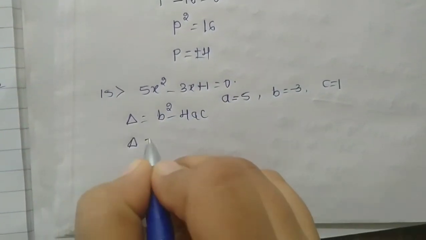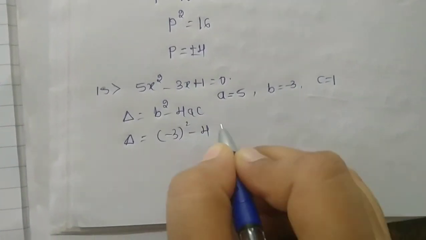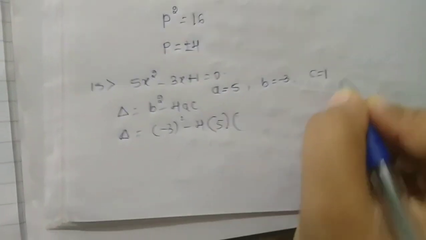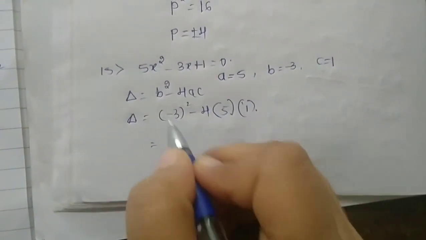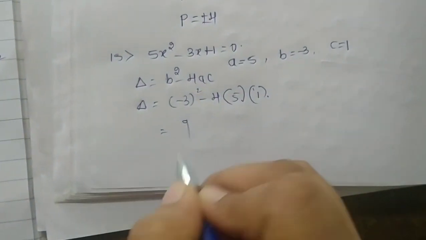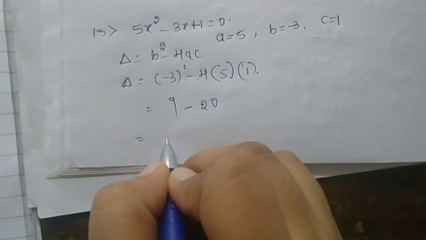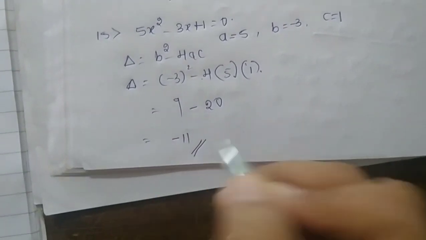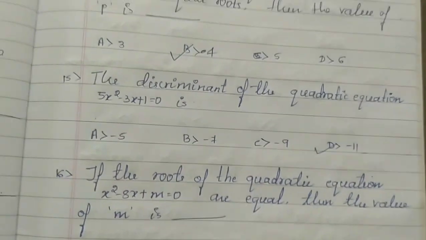So this will be equal to minus 3 the whole square minus 4 into 5 into 1. Okay, so minus 3 the whole square is nothing but 9, minus 5 fours are 20. So this will be equal to minus 11. So the value of the discriminant is minus 11. The correct option is option D.